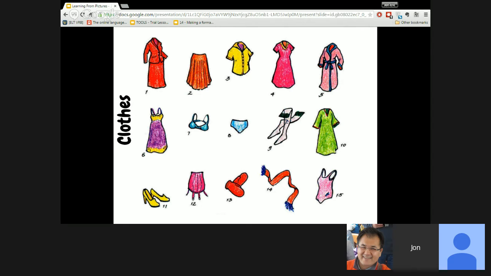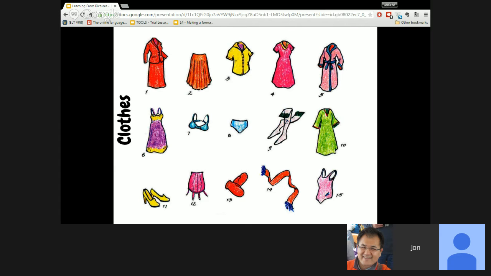It's usually worn in winter, and it protects the fingers. It is, what is it? So women clothes on the slide. What is it?